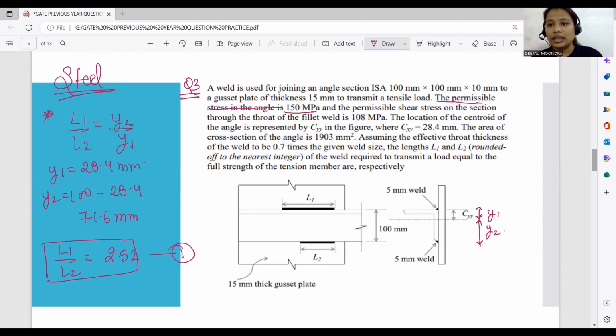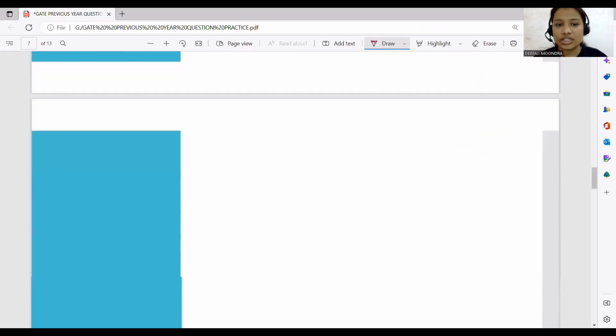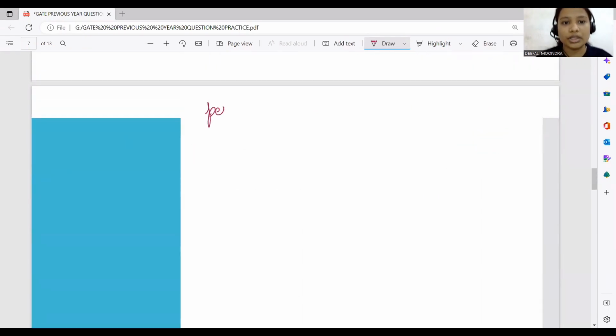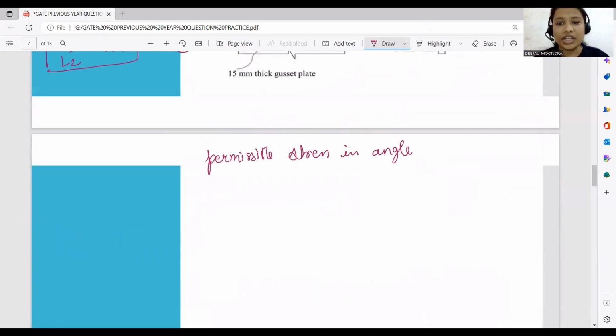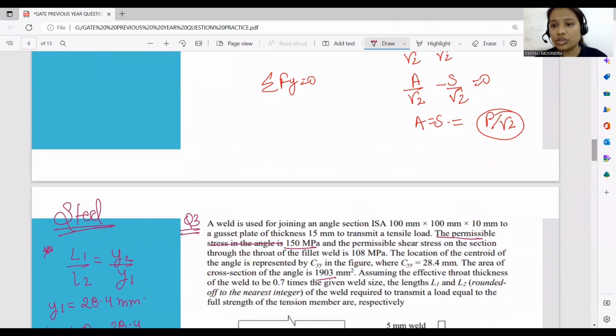Now the next point we have is the permissible stress in the angle, which we have been given here as 150 MPa. That means 150 Newton per mm square. Now, the angle cross section is also given to us: 1903 mm square.